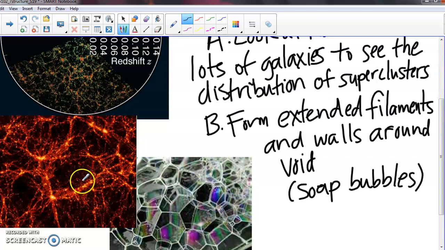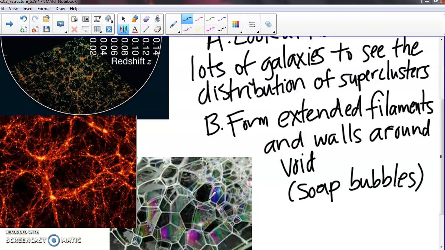That's a lot of empty space out there, guys. Remember, we're thinking megaparsecs, huge, and huge empty spaces. So another analogy is like a sponge, right? You have the spongy part, or the filaments and walls, and then in between you got the empty space. So think about those examples.